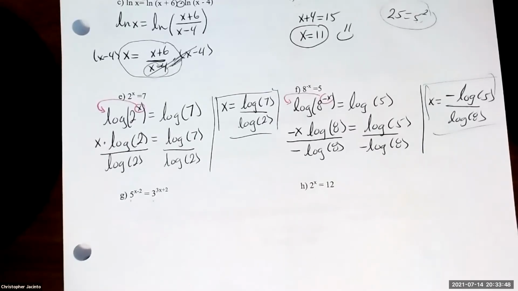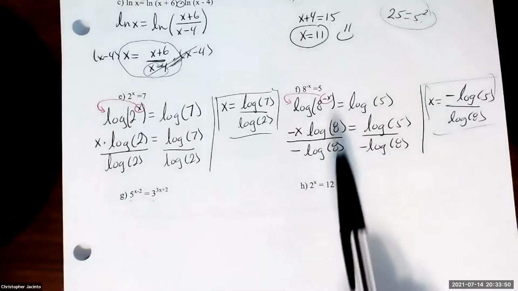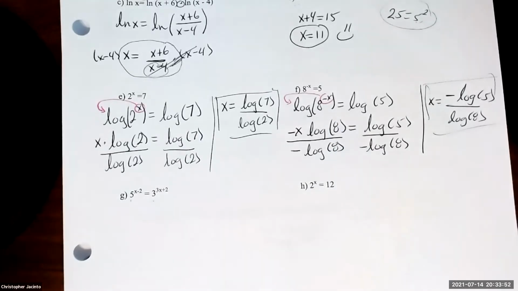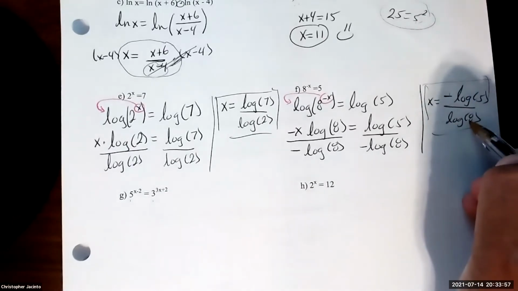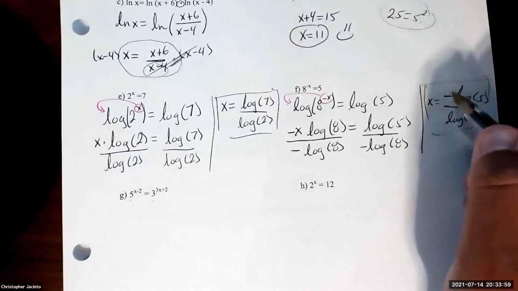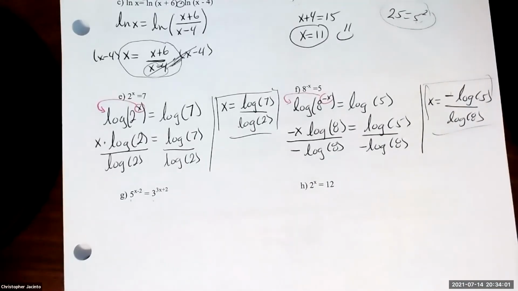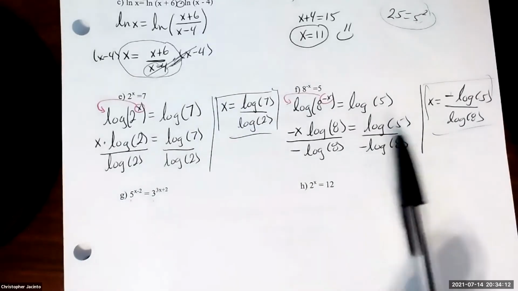A lot of these you could do in multiple ways and you'll get the same answer. The only difference is this negative will be gone and this will be 1/8 here. And believe it or not, you would actually get the same result. So pretty interesting stuff. But try it. You actually get the same result either way. It's pretty cool. Any other questions so far?